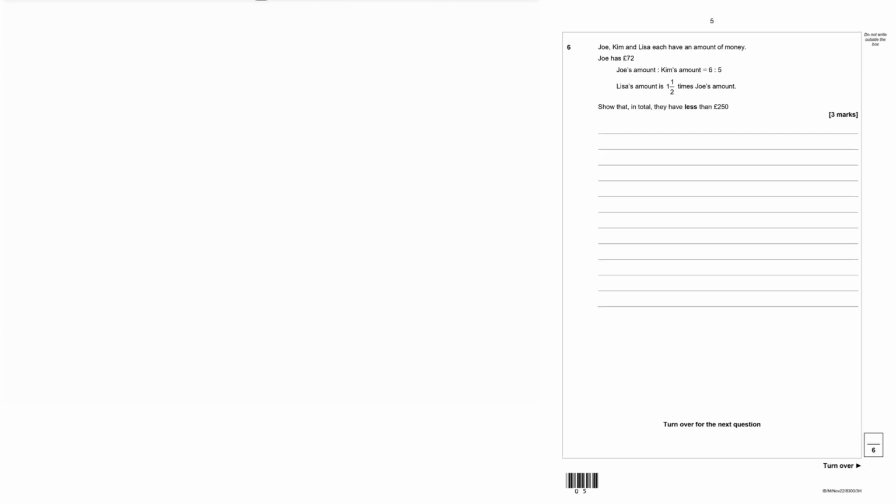So moving on to question 6, and we're told that Joe, Kim and Lisa each have an amount of money and that Joe has £72. And we're told that Joe's amount compared to Kim's amount is in the ratio 6:5, and that Lisa's amount is 1.5 times Joe's amount. So let's write this out in the form of some equations. So we're going to call Joe J, and Joe has £72.